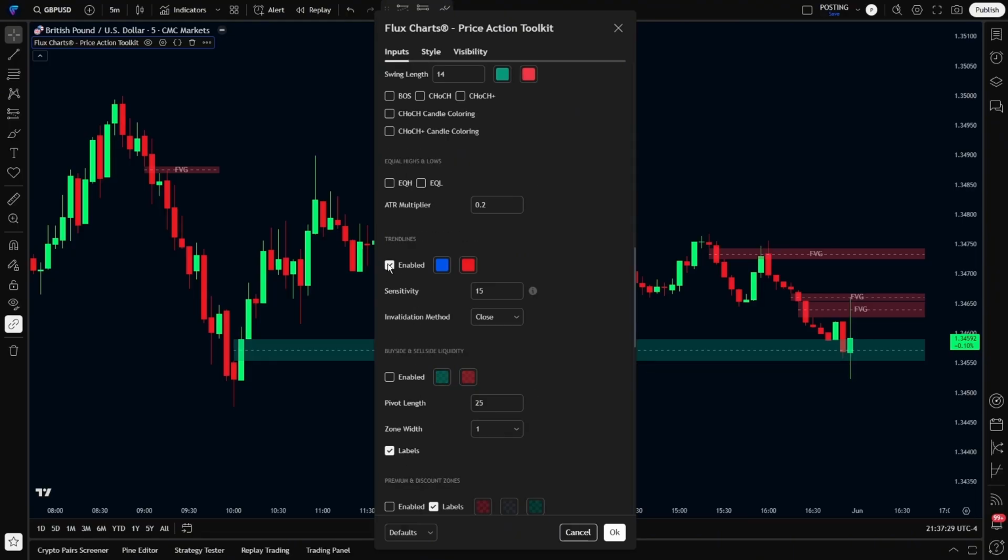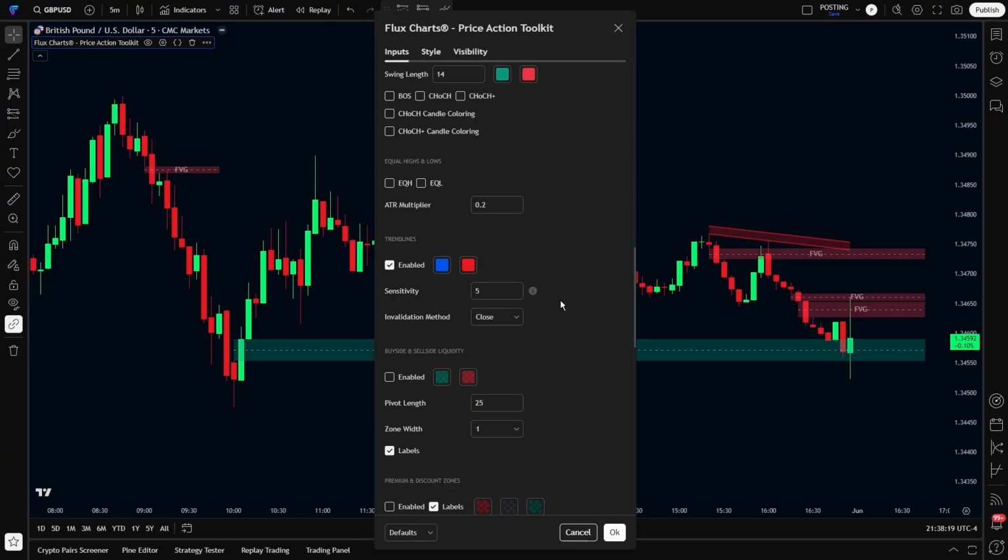Now, the trend lines are the first setting where you might want to adjust some of the settings depending on the ticker you're on, or if you're scalping, day trading, or swing trading. So as a day trader or a scalper, you'll want to use a lower sensitivity. This is going to make it so that trend lines are detected more frequently. But for example, if you're swing trading, you don't want super frequent trend lines forming, so you would want to use a higher sensitivity.